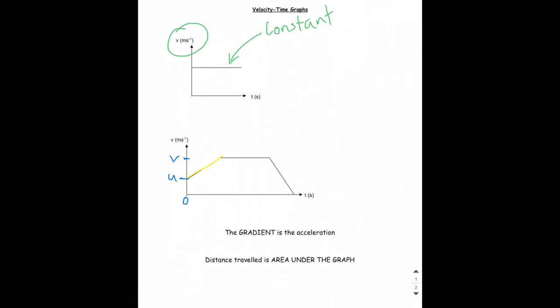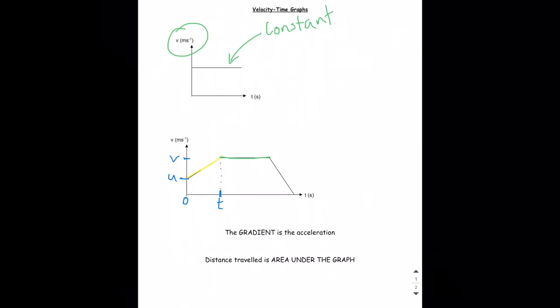The time that it took us, I'll call that little t. Down here, that's the time it would have taken us to get from our initial speed to that top speed, between u and v. And that is a period of acceleration, so our velocity is increasing. Then for a period of time, we just have a constant velocity. So we just have cruise control on, stay at that velocity, nice.